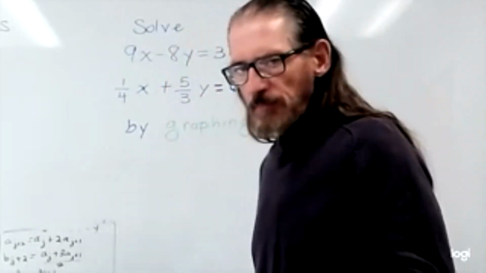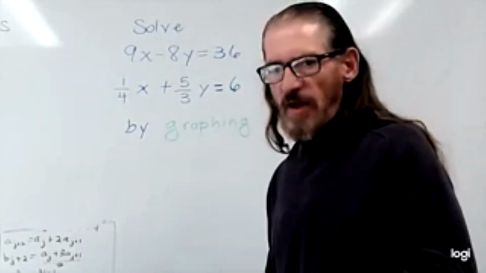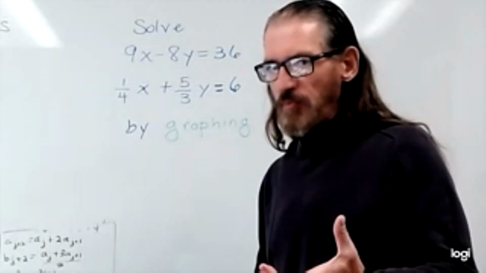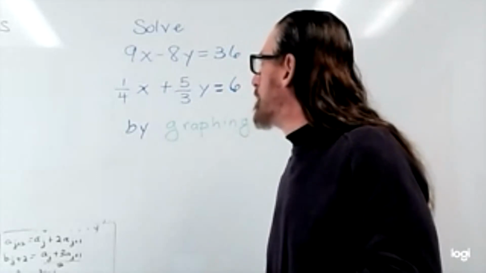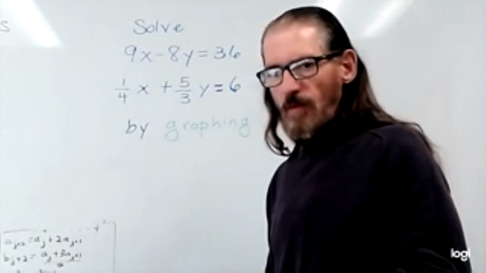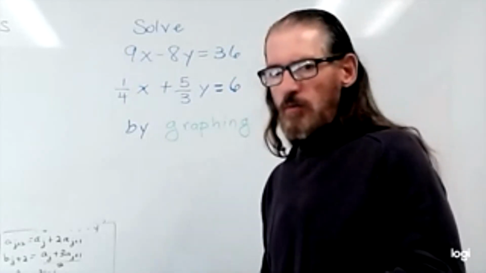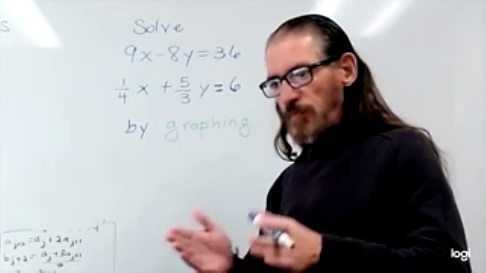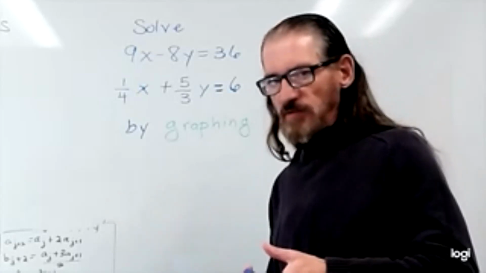There are 3 options for graphing each of these lines: either finding 2 or, better yet, 3 points, a third point as a checkpoint, or finding the X and Y intercepts, or slope-intercept. I'm going to show the latter 2, both of them, for both lines.